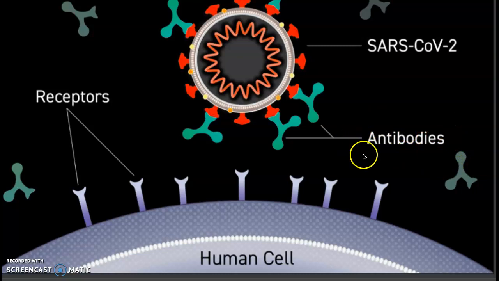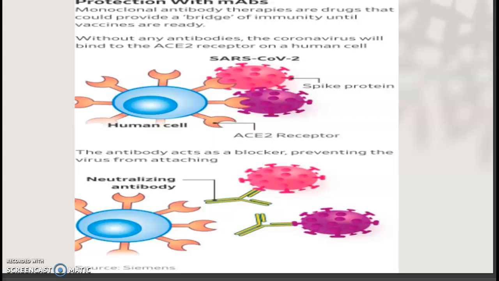That's why we have to make monoclonal antibodies in artificial lab conditions, specific against this specific antigen. In this figure it is shown that monoclonal antibodies bind to the outer protein covering of SARS-CoV-2, preventing it from binding with the receptors of the human cell.